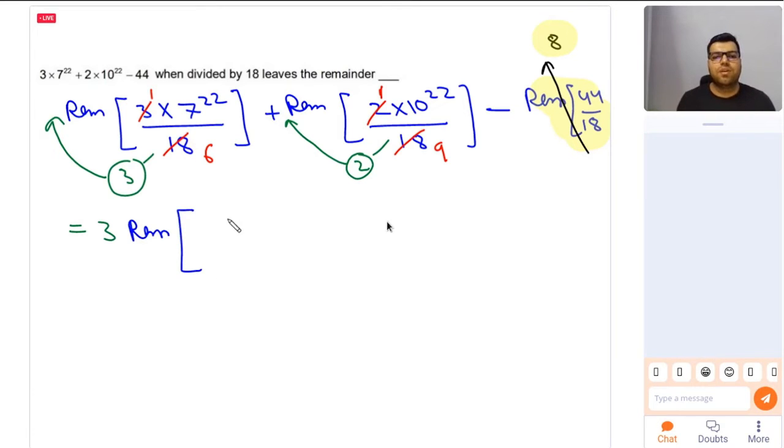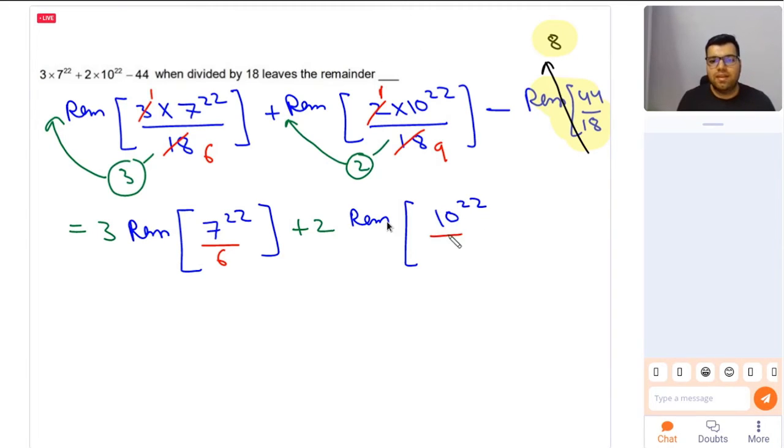So REM 7 raised to power 22 divided by 6, plus 2 times REM 10 raised to power 22 divided by 9, minus 8.